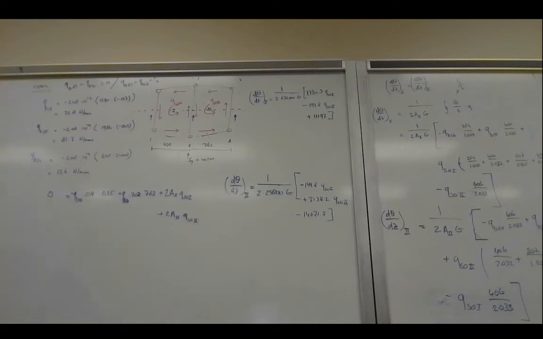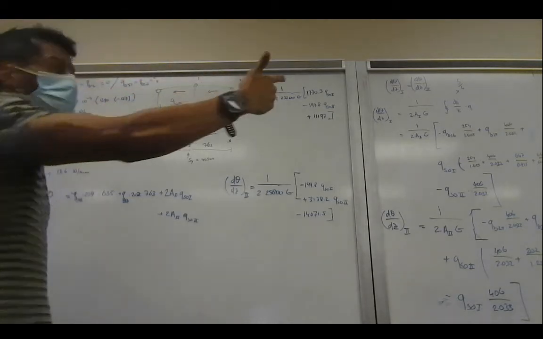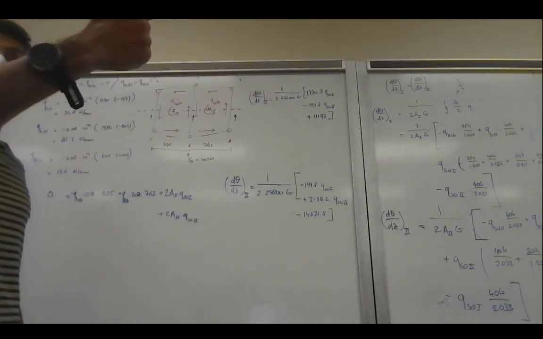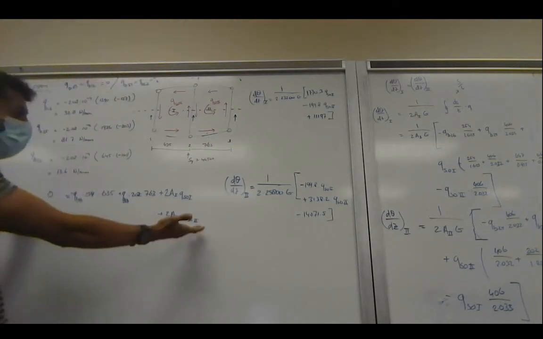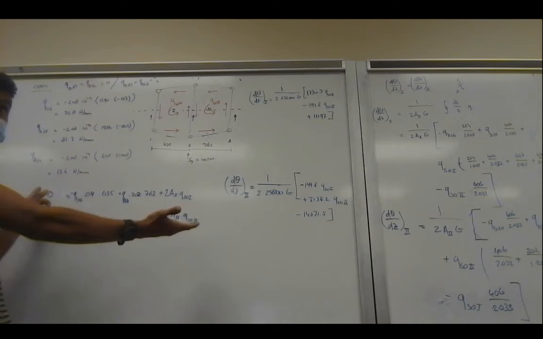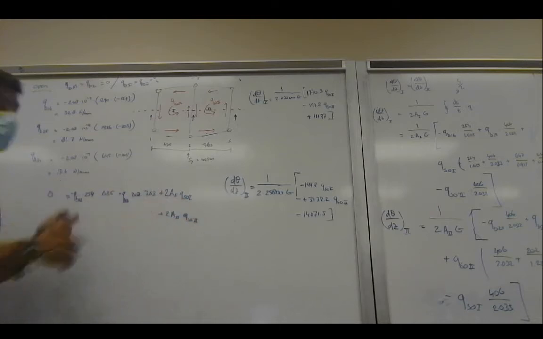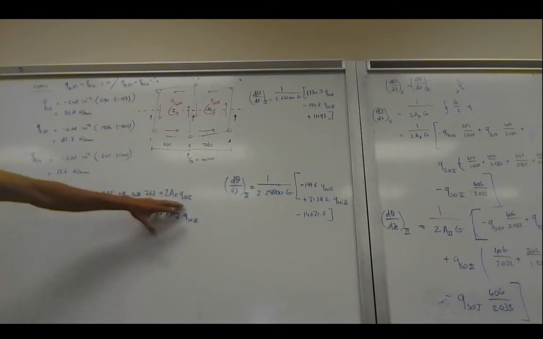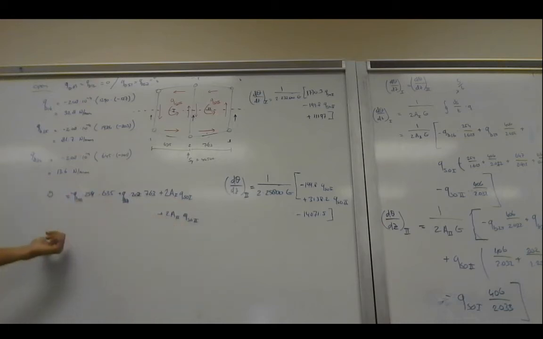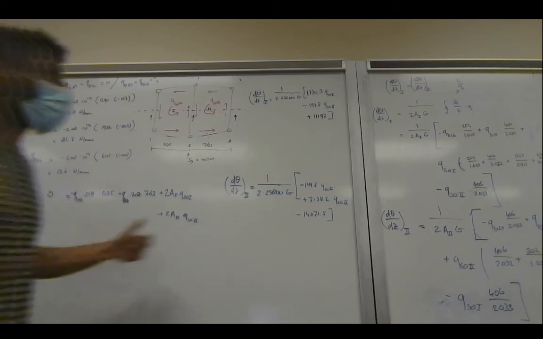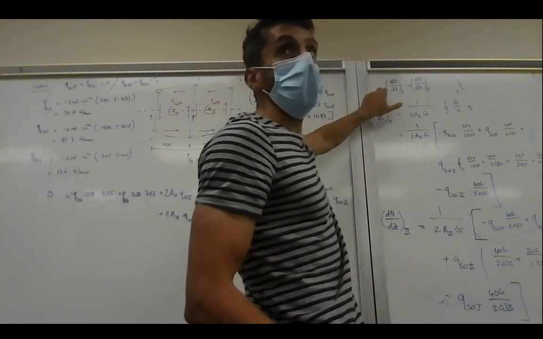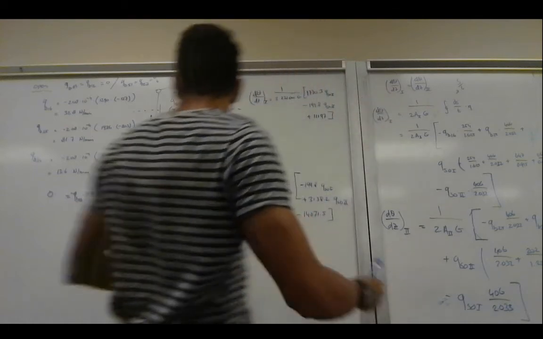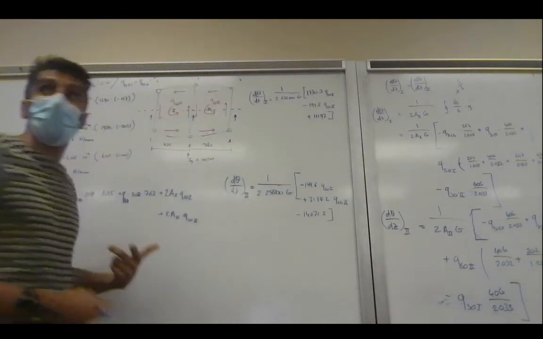So let me step back. If you remember the 3 steps, we made a cut, we solved the correction shear flow, and the third step is setting up this equation for moment equivalence, in order to find the correction shear flows. But we realize now that we have 2 unknowns and 1 equation. So that's the reason why we need the rate of twist, set equal to each other, because this gives us an additional equation. Now we have 2 equations and 2 unknowns, and we can solve for both.